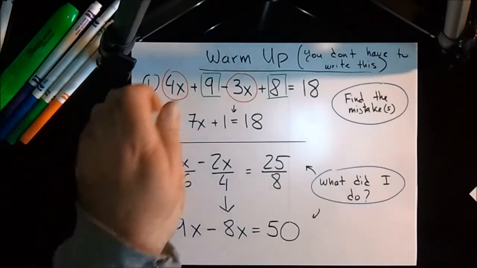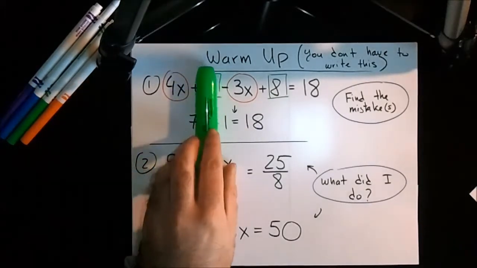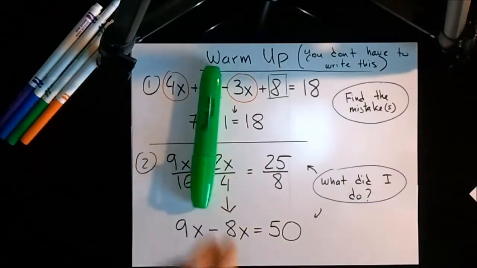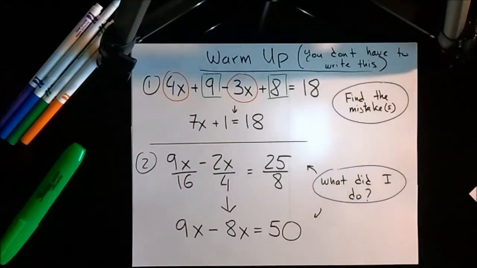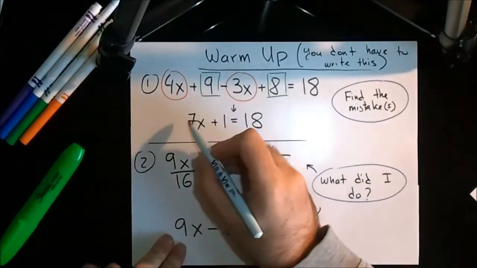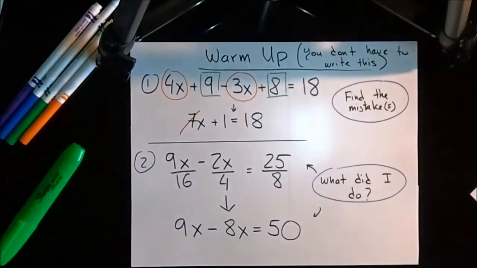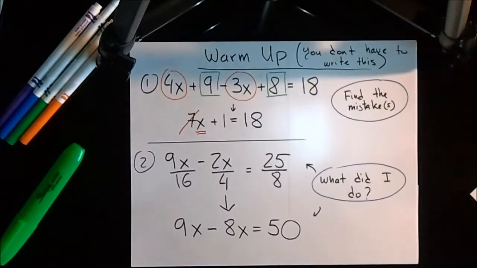So what I can do is cover up my constant here, and I get 4x plus a negative 3x. No matter how you look at it, that's going to be just 1x. 4x plus a negative 3x, or 4x take away 3x, that's just 1x. So right here, I should have had just 1x or just an x. So that right here would have been the correct value for the x coefficient.